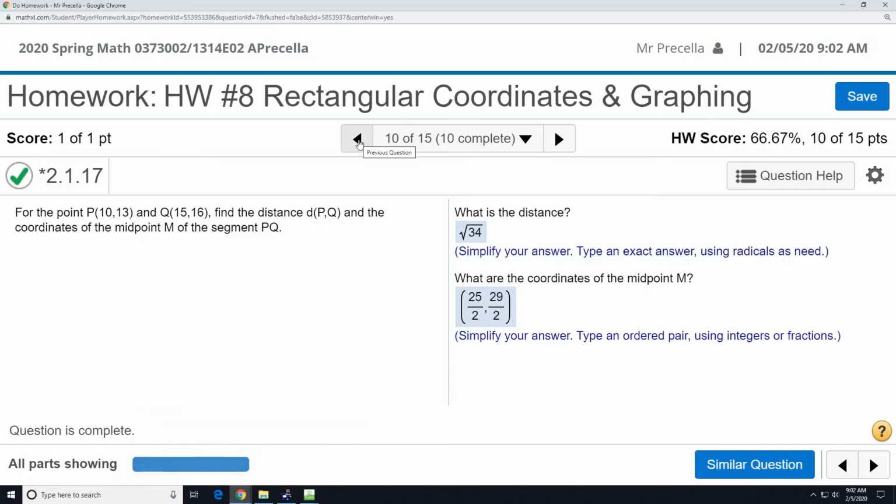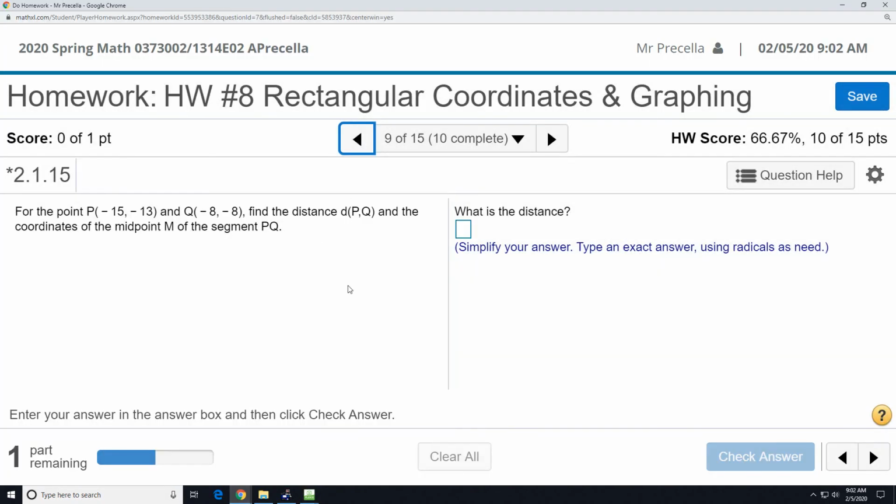Well, let's go back and do one with negatives. Hopefully, all of you will have at least one problem that has some negative numbers in it. So we're going to do problem number 9.